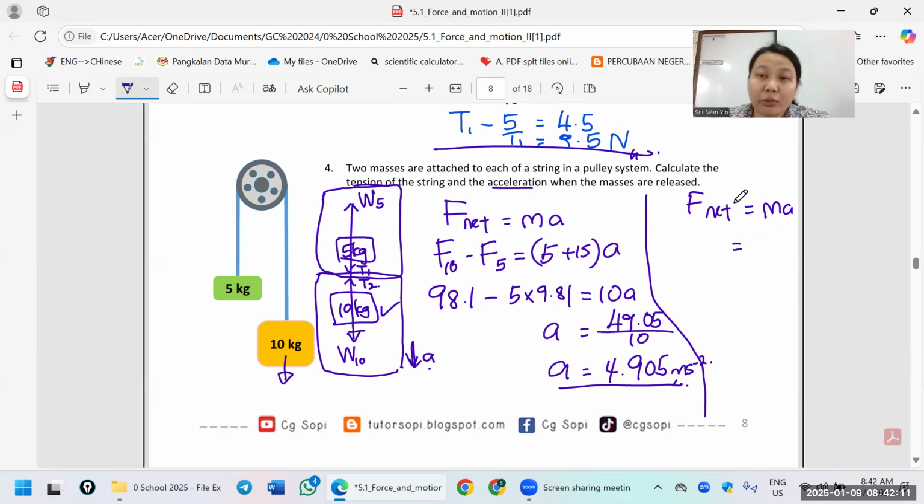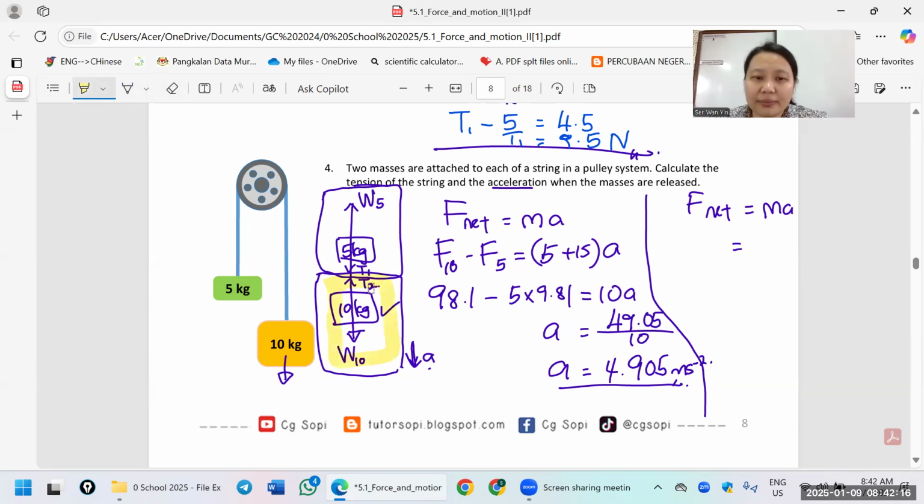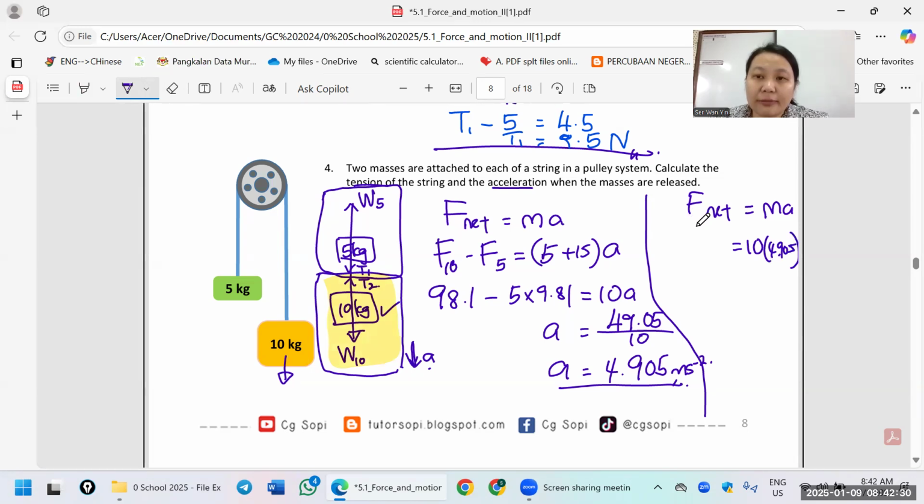Okay, so now if we want the tension, we just choose one system only lah. So it will be 10, 4.905. Okay, so net force will be weight minus T2 lah.